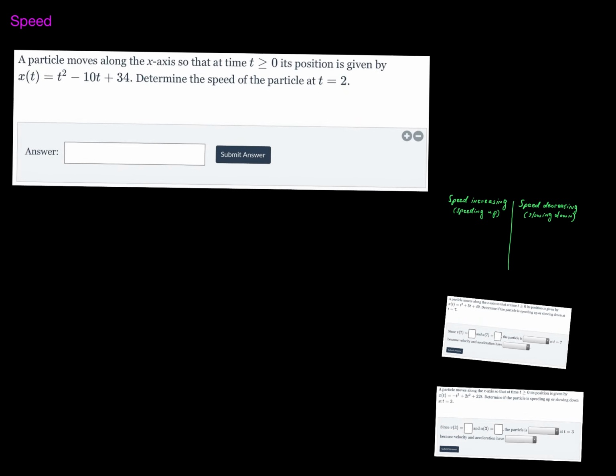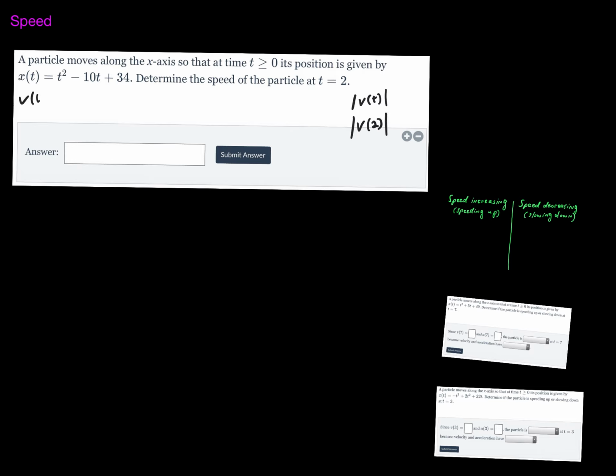Let's talk about speed now. What if they asked you: a particle moves along the x-axis, and we have an x position function. They want to know the speed of the particle at t equals 2. Well, remember that the speed is the absolute value of velocity, so we want the absolute value of velocity at time 2.